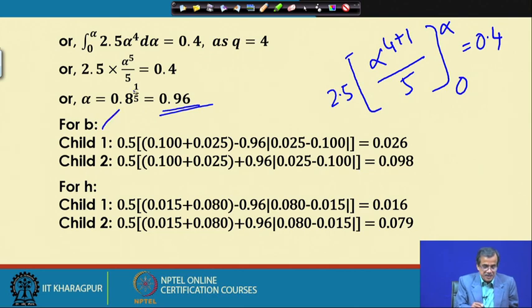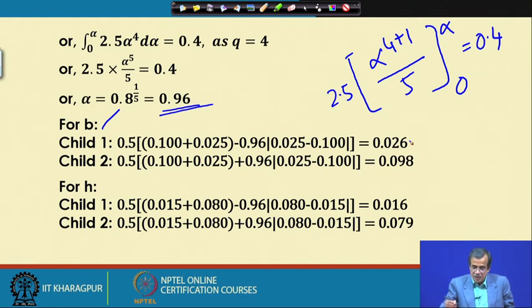For b, child 1 is 0.5 times parent 1 plus parent 2, minus alpha times the mod value of the difference between parent 2 and parent 1. Now, here I am just going to write down the expression.